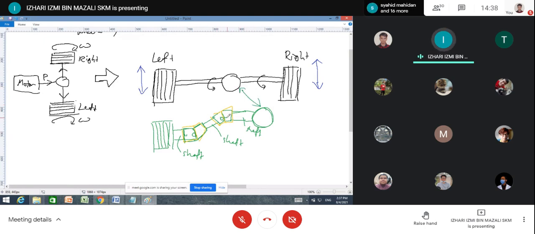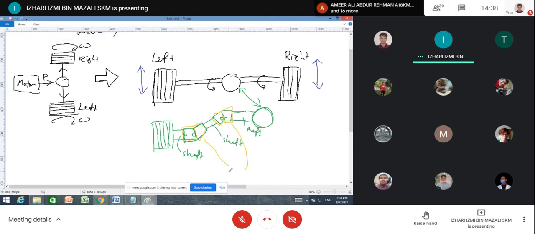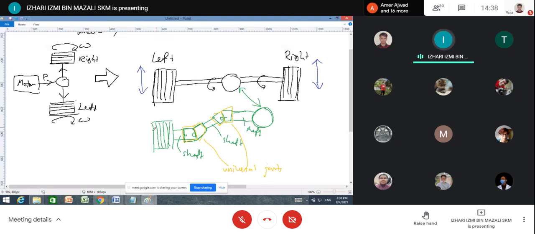Now with this universal joint, you allow the tire to move upwards, vertically, without interrupting the torque flow. The torque can still be transmitted to the tire, even though the tire keeps moving upwards and downwards. So you solve this one.